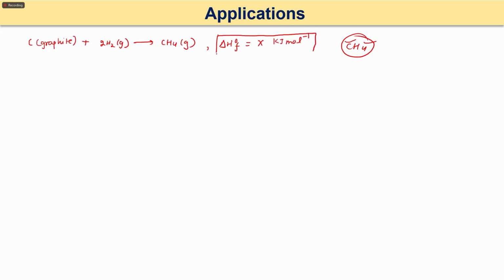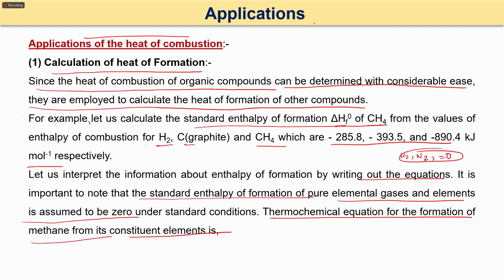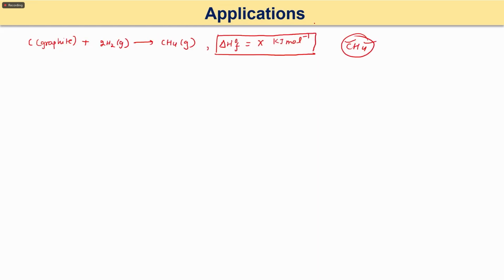Now we have to calculate the enthalpy of formation from the given values of the enthalpy of combustion of hydrogen, carbon, and methane. Let us quickly write the equations for the combustion of hydrogen, then carbon, and then methane.